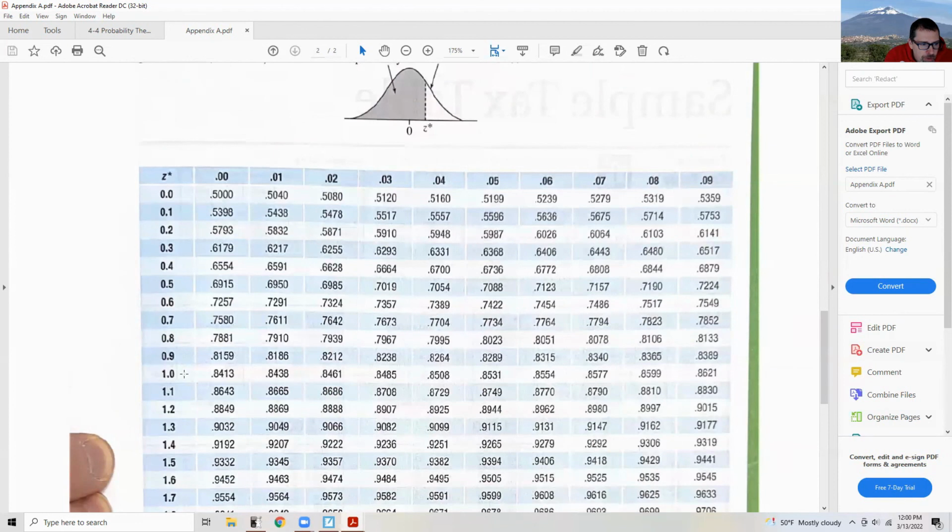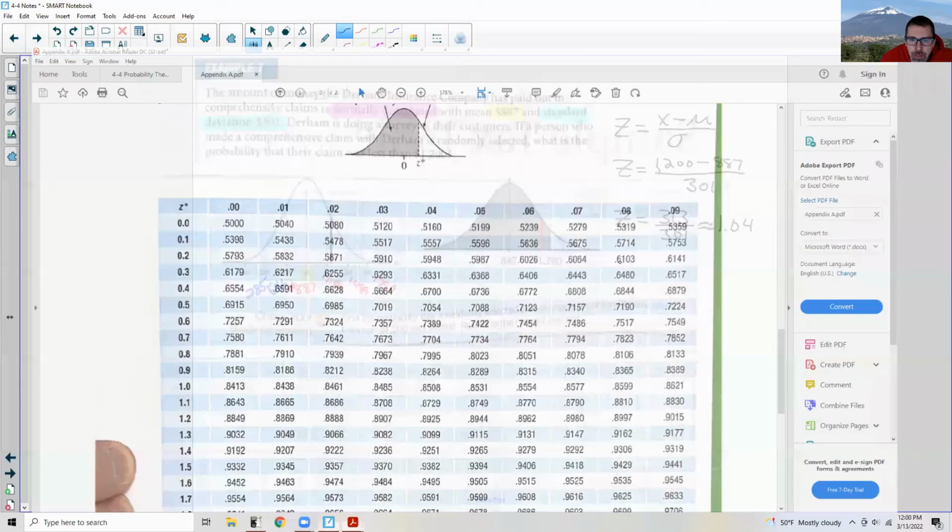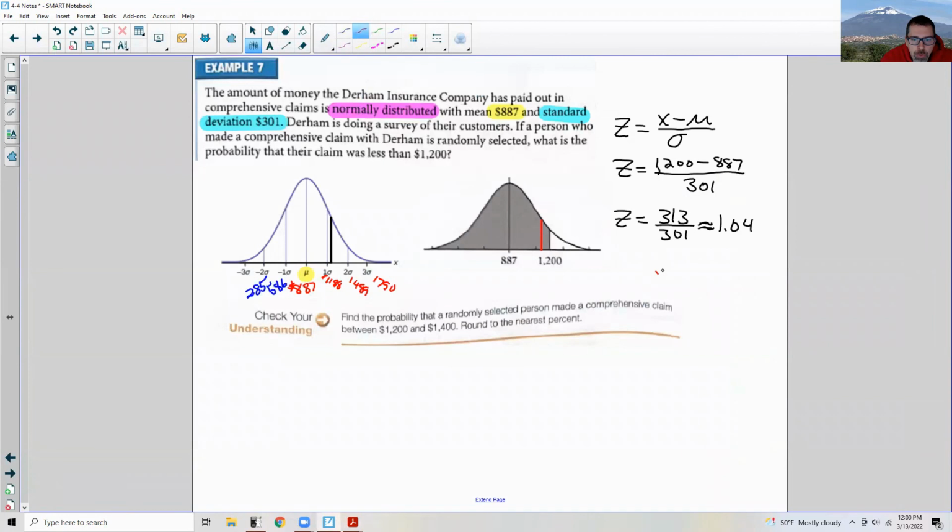So here's 1.0. 1.00, 1.01, 1.02, 1.03, and 1.04 is 0.8508. So that is 0.8508 or approximately 85%. Okay, so that just means what's the probability of a claim being less than $1,200? The probability is 85%. 85% of the data is below $1,200. Okay, hopefully that makes sense to you.